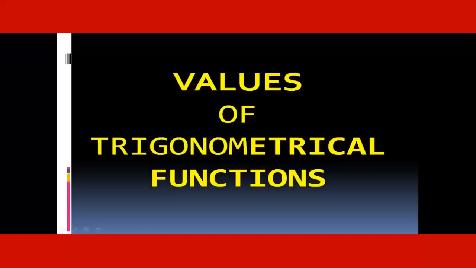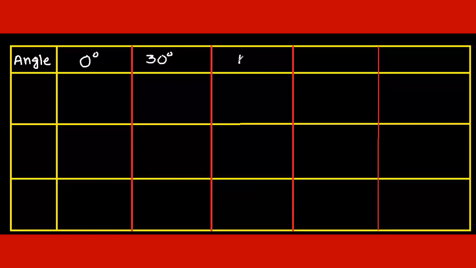Now we'll try to figure out the values of trigonometrical functions for some standard angles. Okay. So these angles are 0 degree, 30 degree, 45 degree, 60 degrees and 90 degrees. Okay. First we'll see sine function, then cosine function, then tangent function.